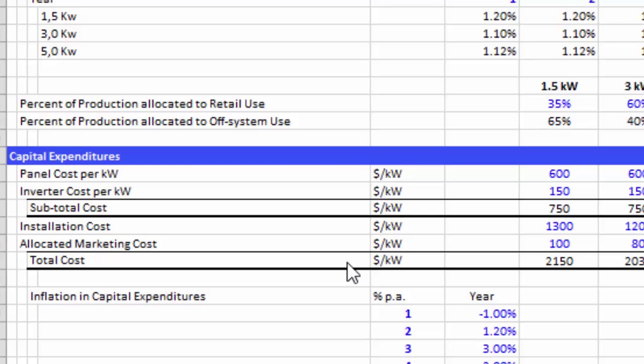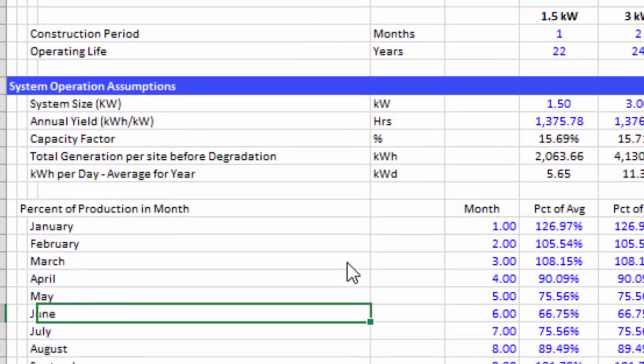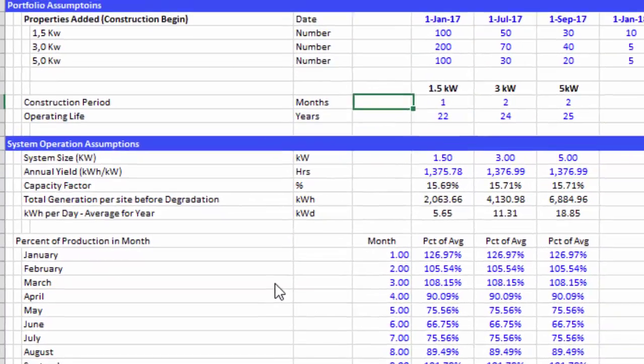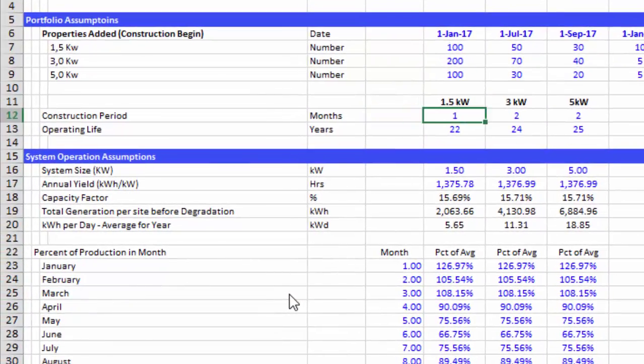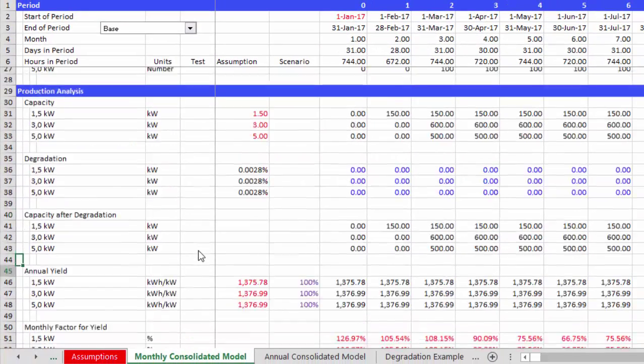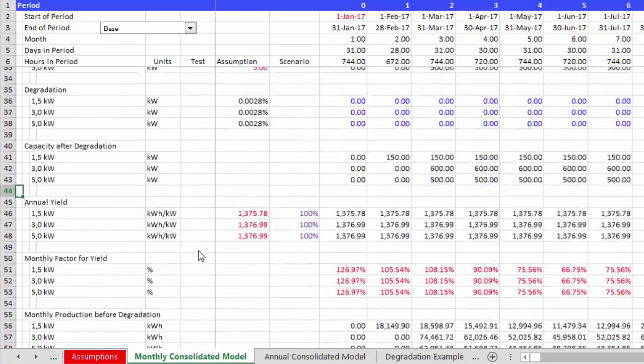Up here right at the beginning, we put a construction period, and we'll have to make some S-curve assumptions. So now I switch to the consolidated model.